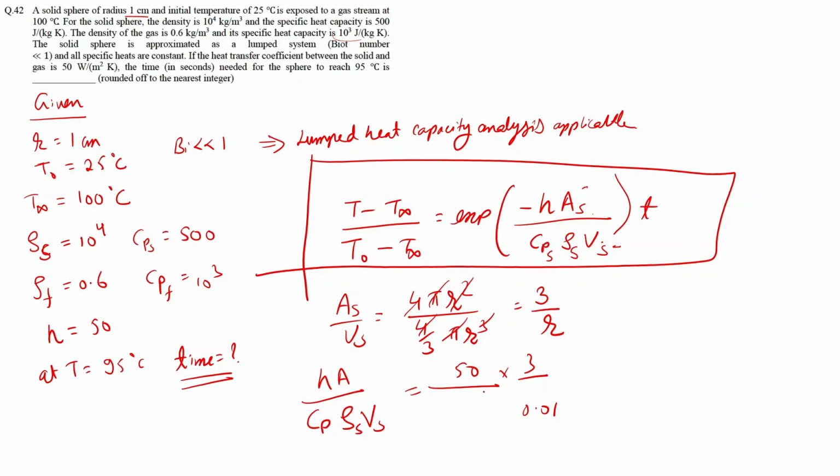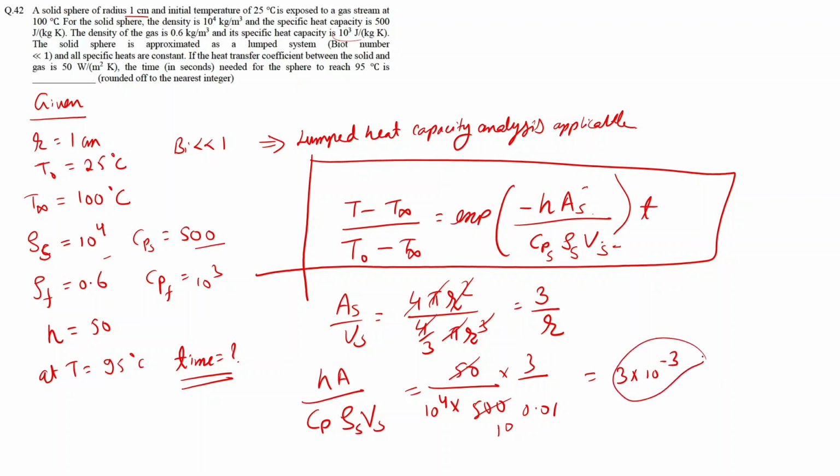Cp of solid we have been given as 500, and the density we have been given as 10 raised to 4. So that will be 10 raised to 4 into 500. Okay. So we can simplify this, and this entire term will be equal to 3 into 10 raised to minus 3.